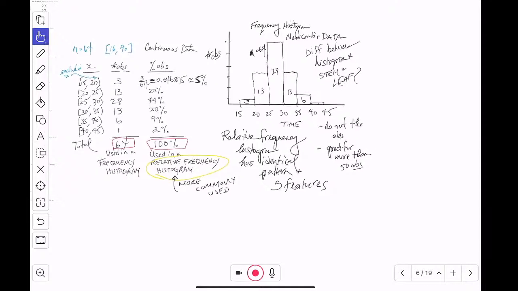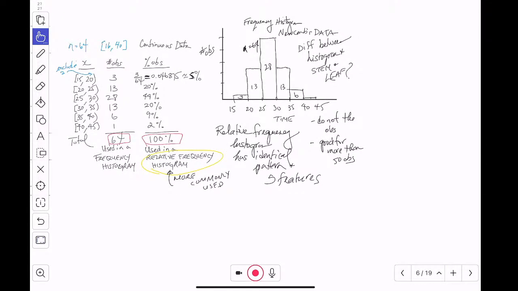Okay, so all I'd have to do is copy it. Everything will stay the same.